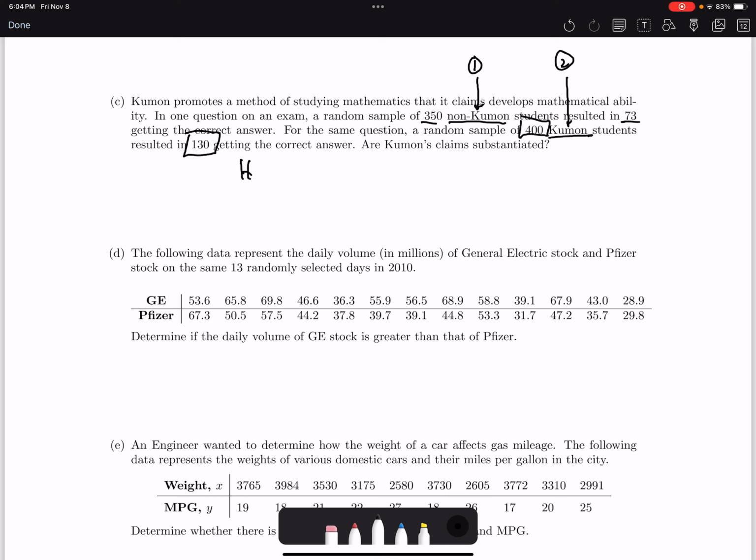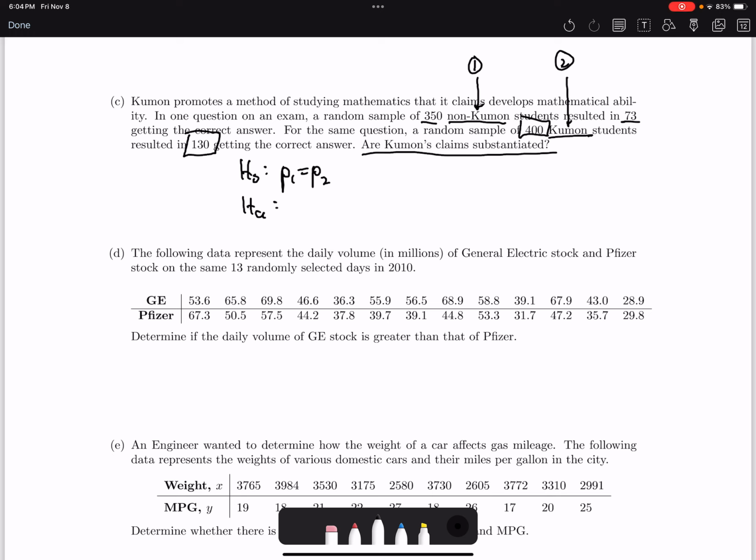So the null hypothesis is going to be that P1 equals P2. For the alternative, we want to know if Kumon's claims are substantiated. Well, what are Kumon's claims? They claim that their method improves mathematical ability.